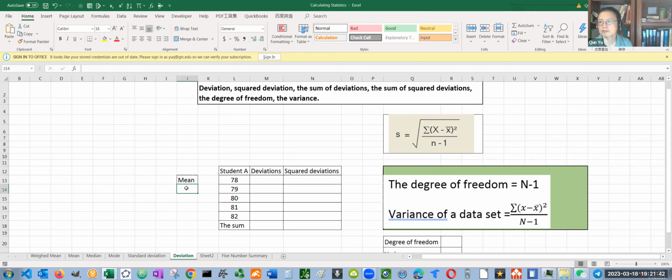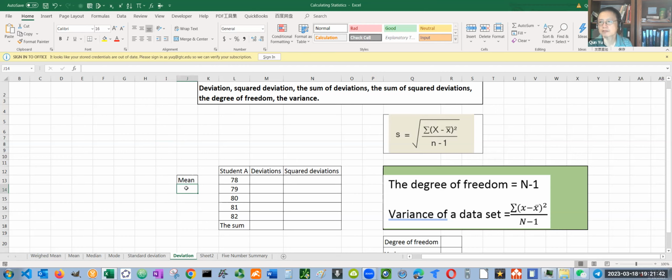So this column actually is the letter J. You have to insert a $ sign in front of it, and a $ sign in front of 14, which is the row number of this cell that contains 80. That way, each of these numbers will subtract the same 80, so it won't change.